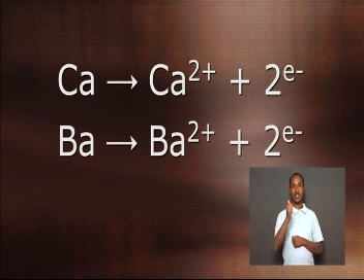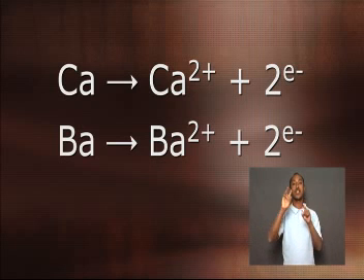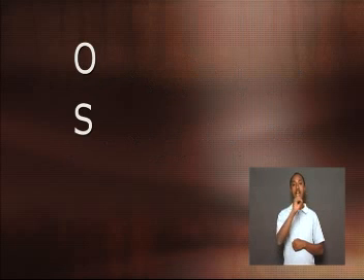Thus, calcium and barium lose 2 electrons and form cations of a +2 charge. Oxygen and sulfur are both group 6A elements, or ore-forming elements.